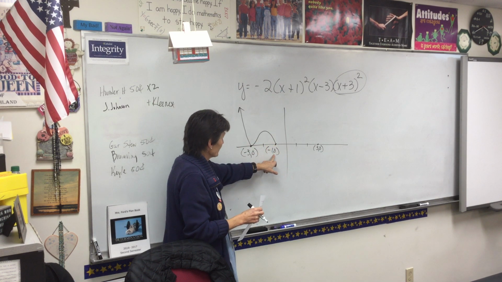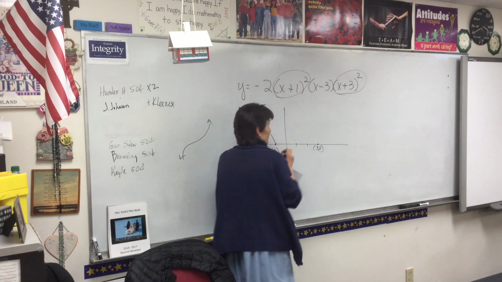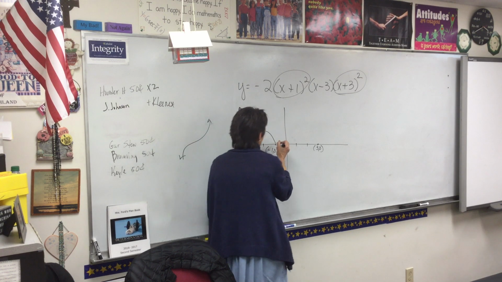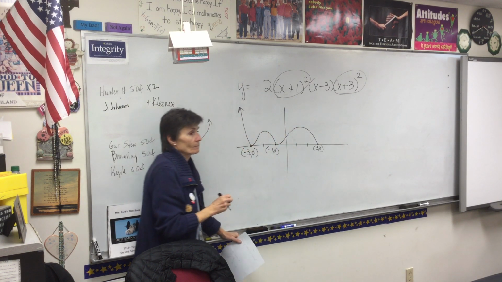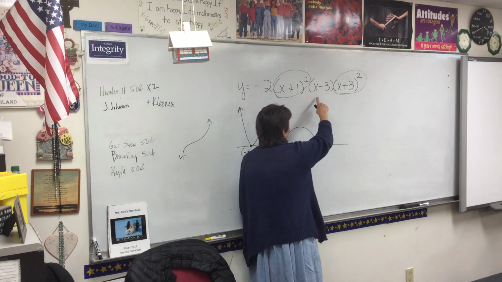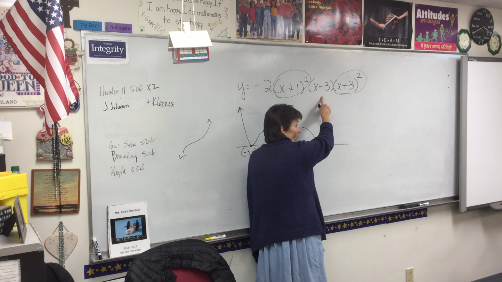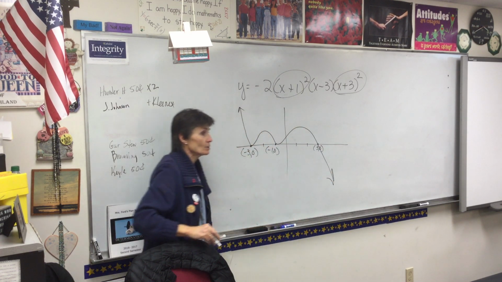Now, where did that one come from? That one came from here. Well, that's squared also, so that's going to bounce off again and connect to here. All right, where did that one come from? Well, that one isn't squared, so it's just going to keep right on going.